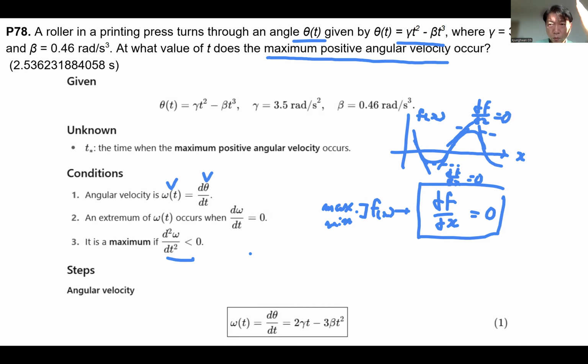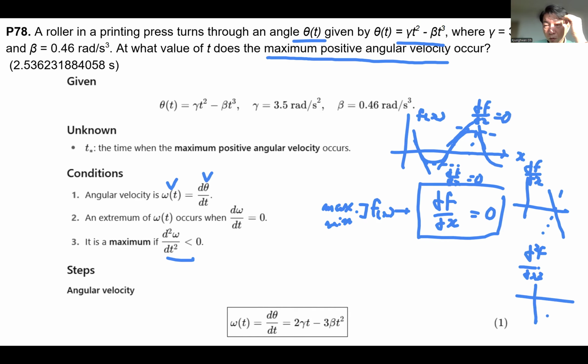So the velocity is changing, the derivative is changing from positive to negative. So if you just plot df/dx, positive to negative, and if you take another derivative, then it should be negative. Okay.